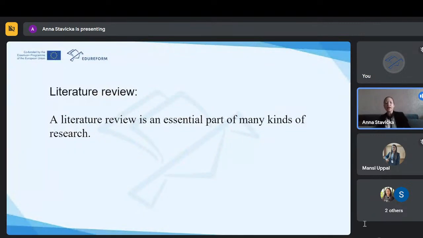Usually we start, as I already mentioned, my colleague will go into deeper details on how to conduct a literature review, for instance, how to apply bibliometric analysis, but I will briefly introduce why we need this literature review and why it is an essential part of many kinds of research.